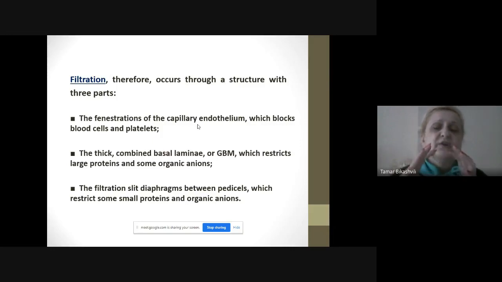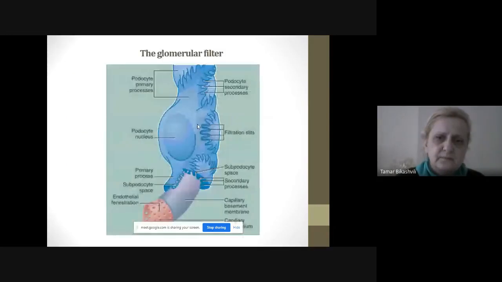The very important part is this, because here proceeds filtration. So the filtration apparatus has three parts.